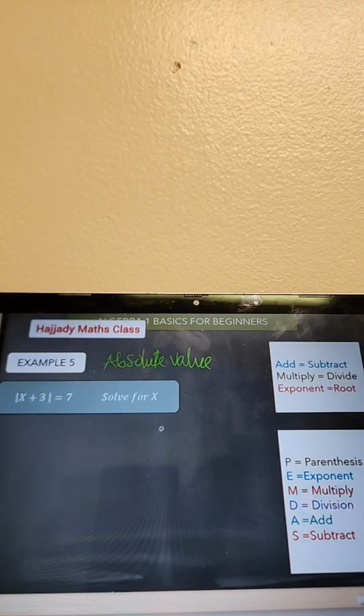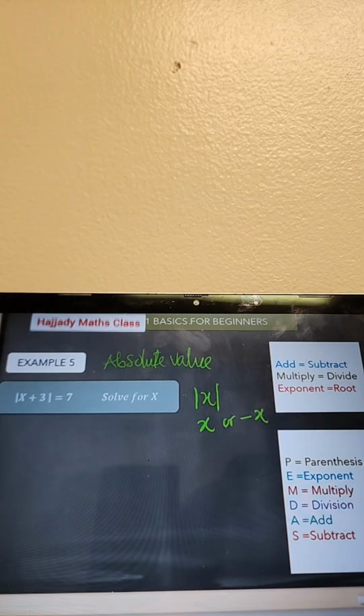For example, when I tell you I have absolute value of x, this means we have x, or it can be negative x. So the absolute value only takes the positive value for the variable. That's what absolute value is. So the absolute value of negative 2 is just the positive side you take.